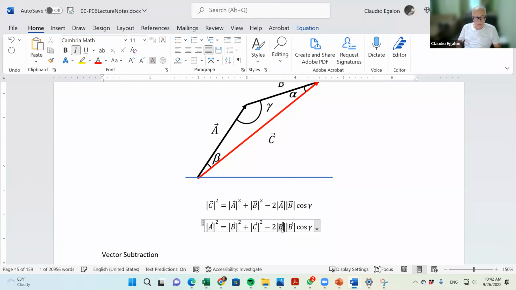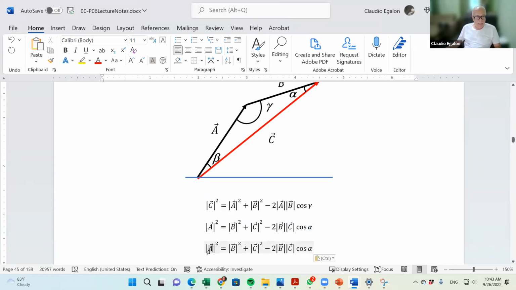Minus 2 magnitude of B, magnitude of C, and now the angle is no longer gamma. The angle is going to be that angle opposite to the side A, right? Here's the angle opposite to the side C. Here's the angle opposite to the side A, so it should be alpha.